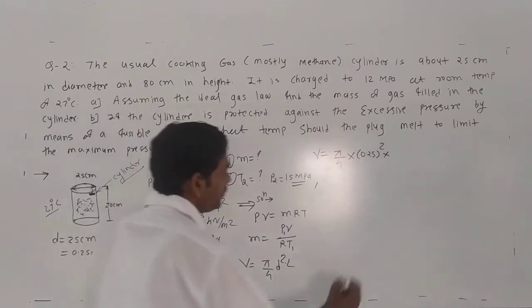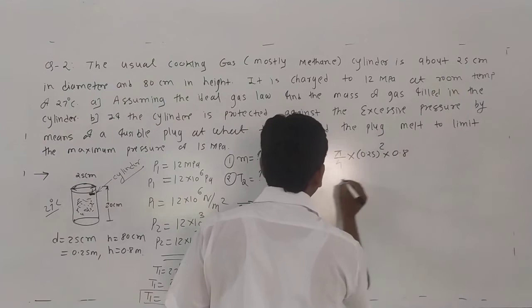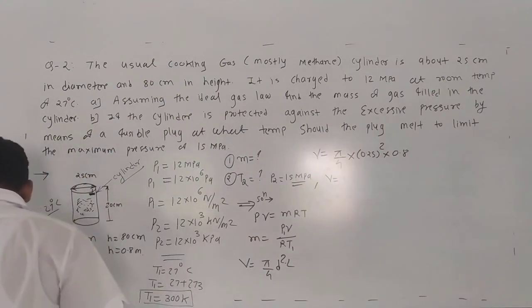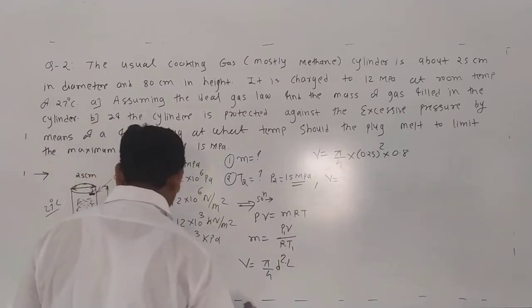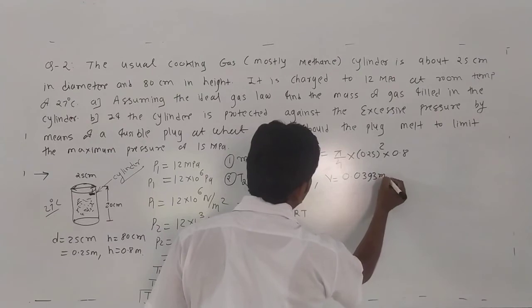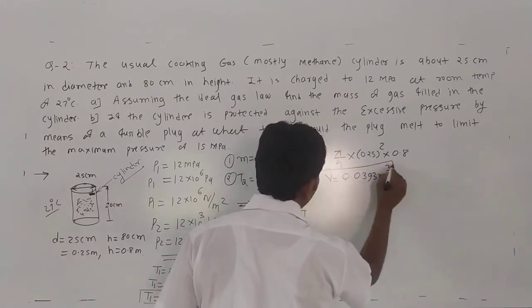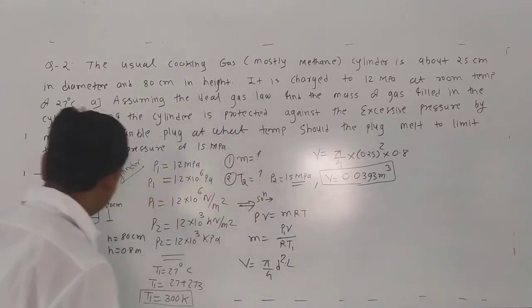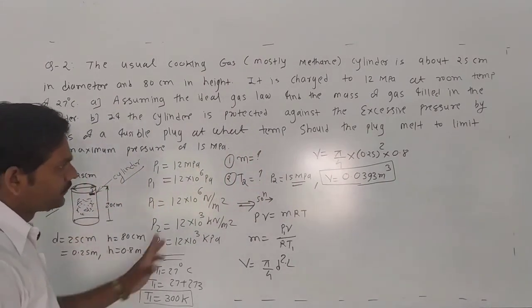It is 0.8. So what is the value of V we got here? V is 0.0393 meter cube. This is the volume of this given cylinder.